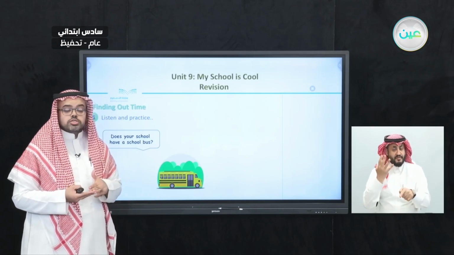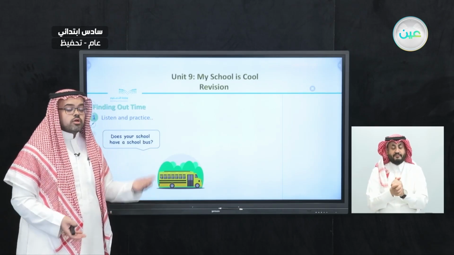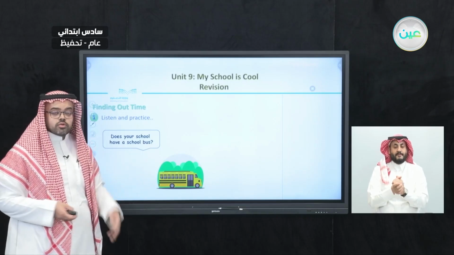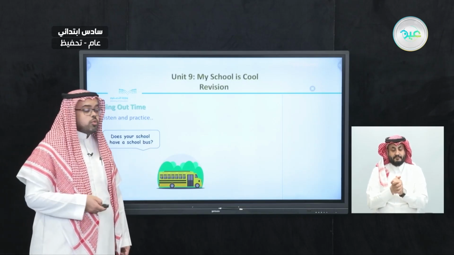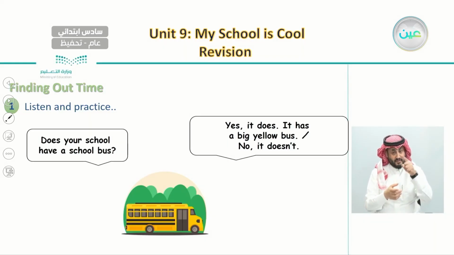Now we reach the fourth question, which is the school bus. If your school has a school bus, then we would say, yes, it does. It has a big yellow bus. Or if it doesn't have a bus, then we can simply say, no, it doesn't. So this is the fourth information that you need to keep in mind when we're talking about the school bus.